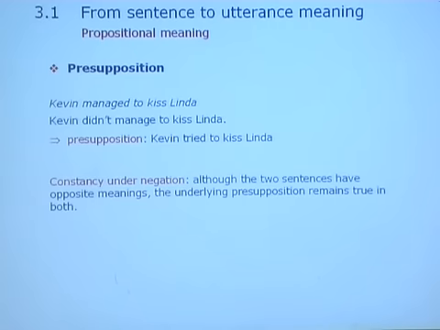For these semantic presuppositions, we have constancy under negation as a kind of test. So if you want to find out whether something is indeed a presupposition or not, then you just need to transform the sentence into its negation, and if this proposition holds, then it's a presupposition. Okay?